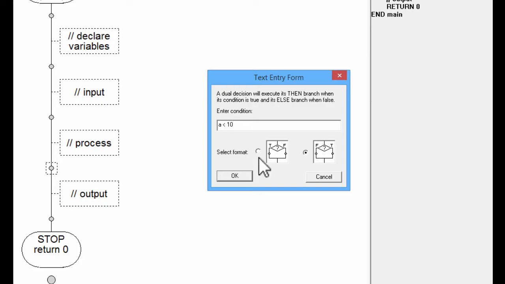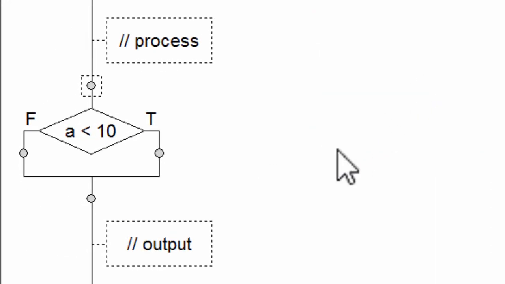Yay! All right. So I'll press enter. And there's my condition. Notice it's got a then and an else. Here's the then, here's the else. So if a is less than 10, what do we want to have happen? Well, we want to have b equal to 0.